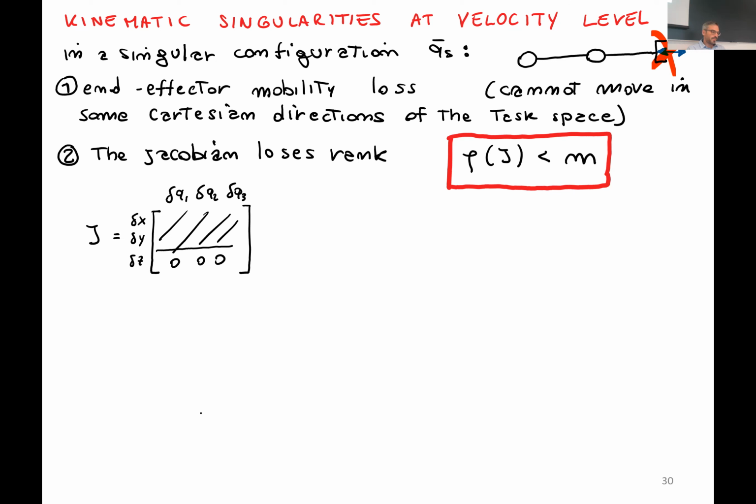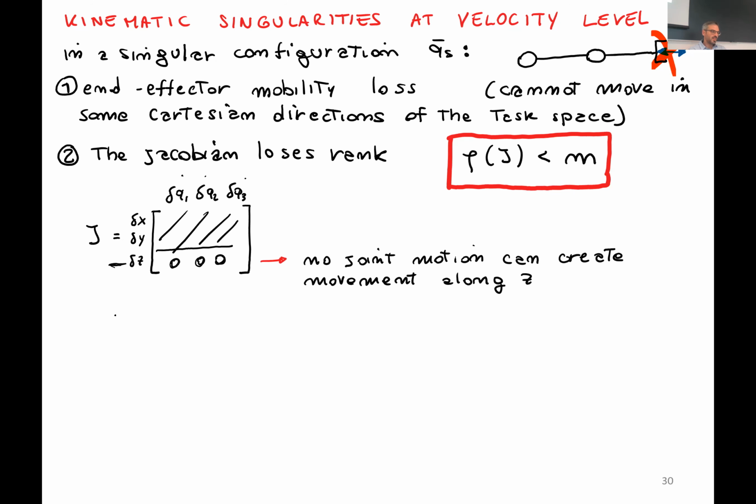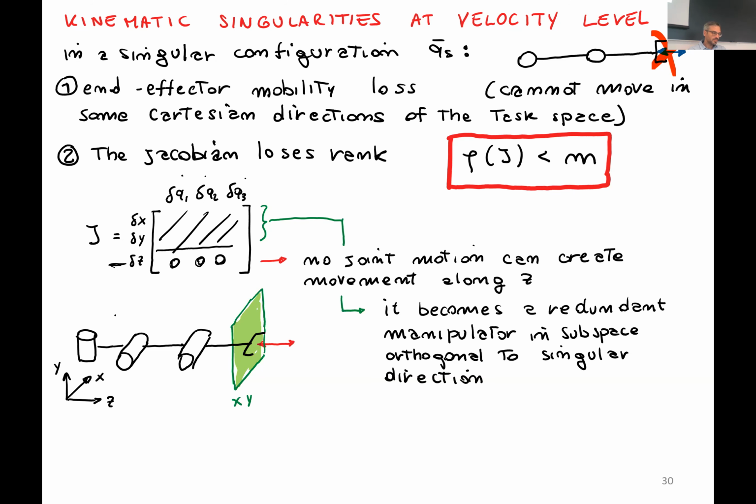If you look at that, you can see that rows of zeros appear in correspondence of the direction, if there is one direction aligned with the axis where we lose mobility. The zeros mean that there is no joint motion that can achieve movement along the direction. And if you look at this, you will have what?